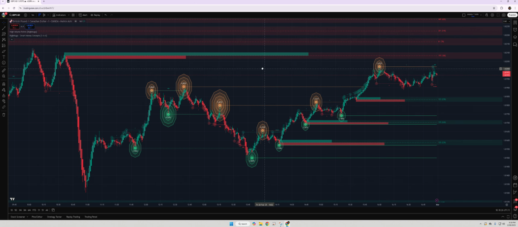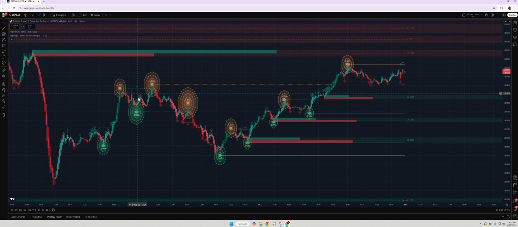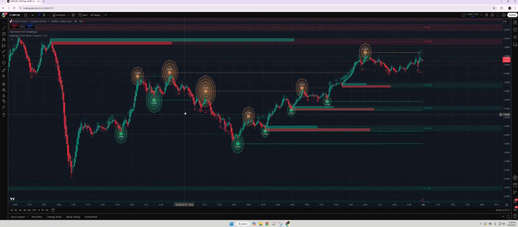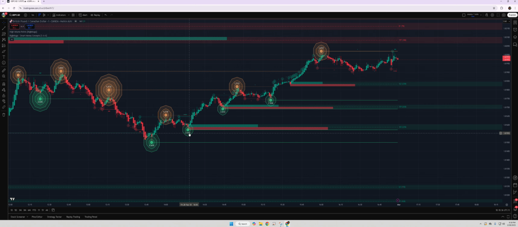How this works: we're looking to play off these zones by taking 5-minute trades. If you're not familiar, we'll go over this real quick. When you get to these sections like this, where you have that and this, it's pretty strong that it's going to go in that direction.